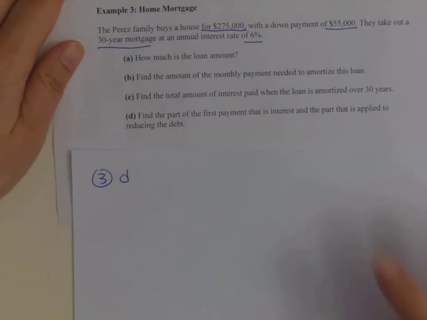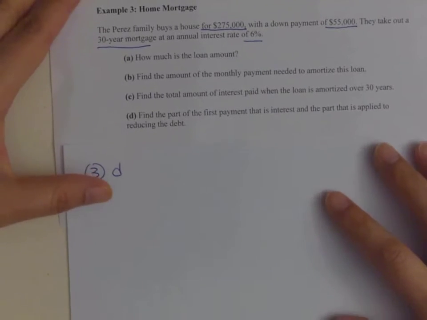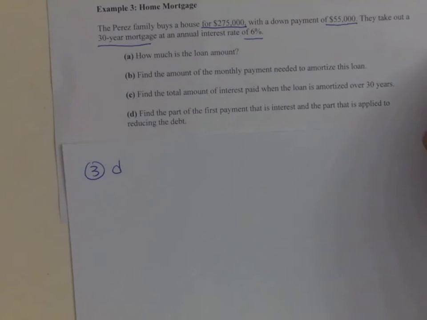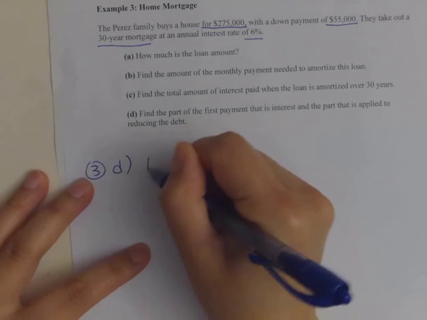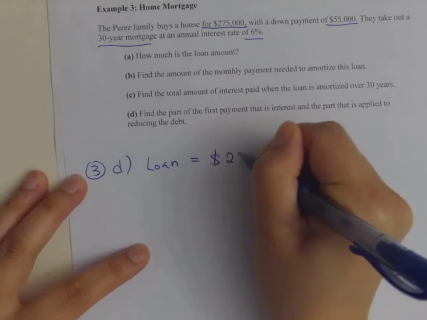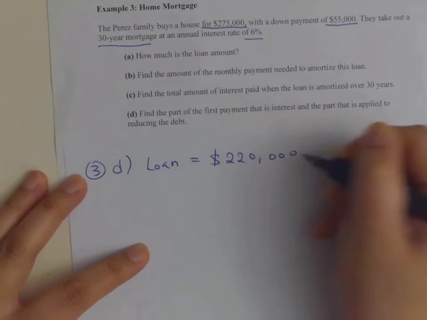Okay, number 3 also has part D. Part D is a little bit more complex. They say find the part of the first payment that is interest and the part that is applied to reducing the debt. So remember the first month, the loan amount was $220,000, right?